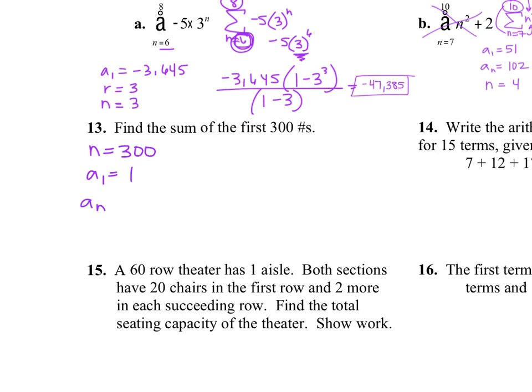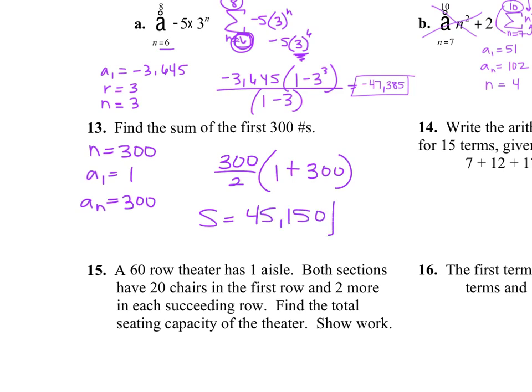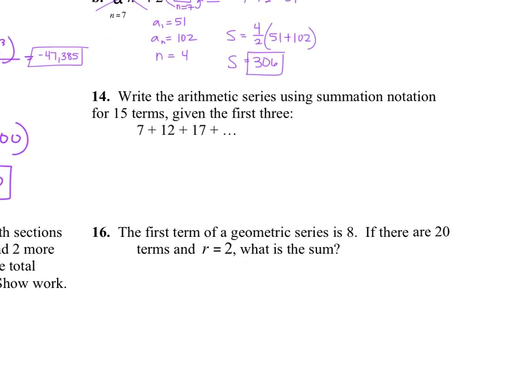Our last term, adding 1 each time, would be 300. So we're going to plug that into the sum formula. The number of terms divided by 2 times the first term plus the last term. And when you plug that in, you get a sum of 45,150.